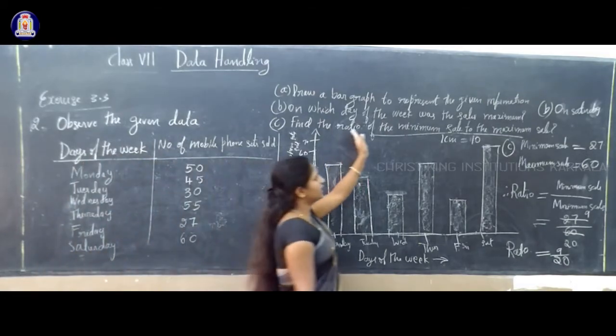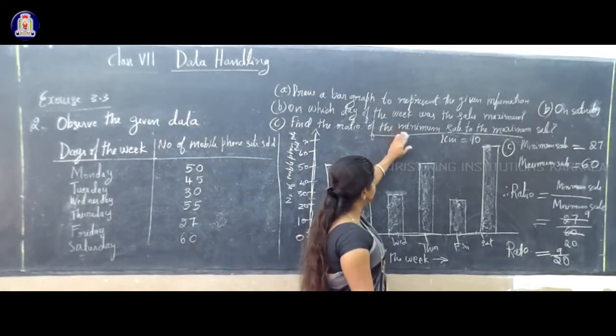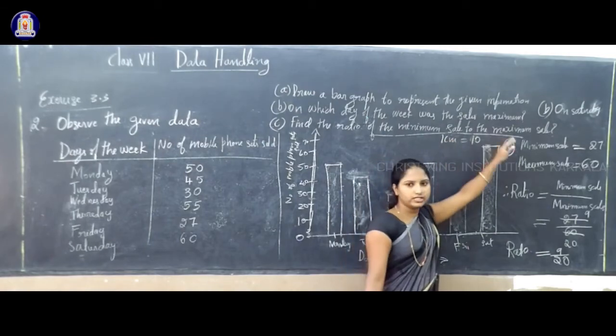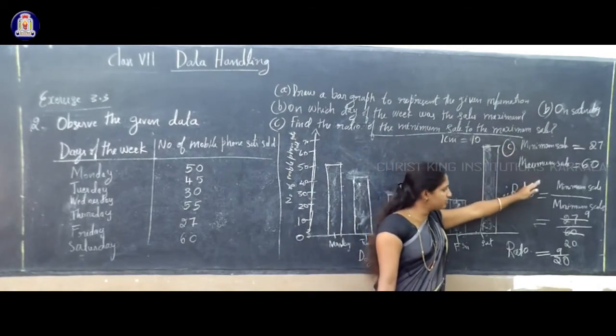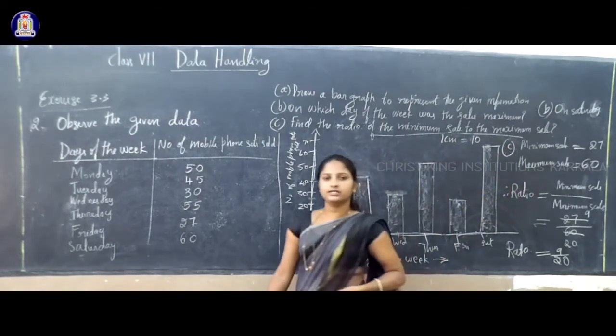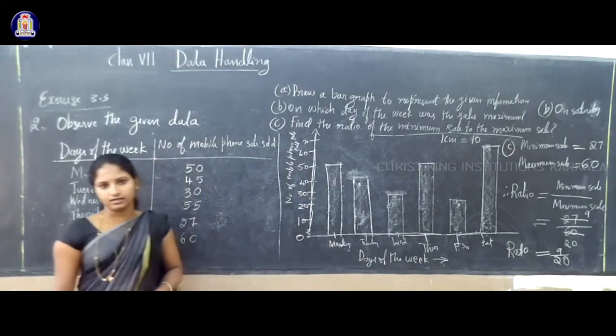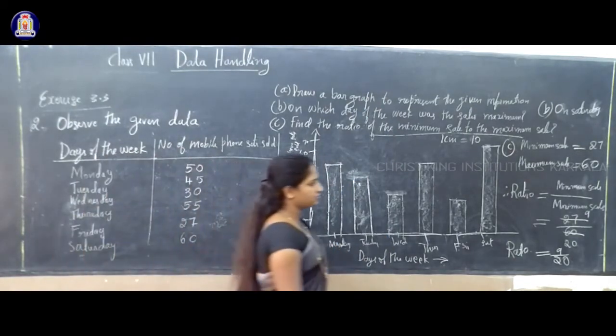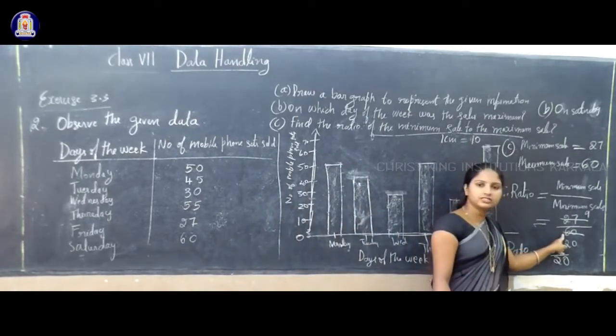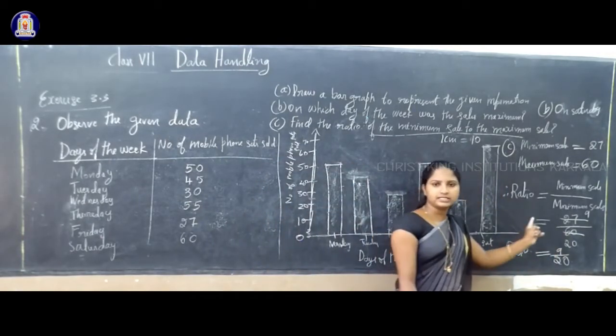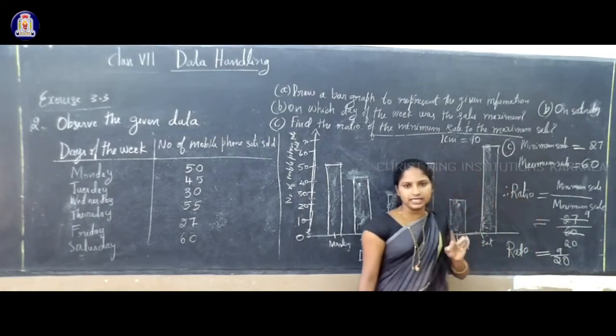In the question they first mentioned minimum sale, next maximum sale. So minimum sale you must write in the numerator and maximum sale in the denominator. Clear? Understood? So what is the minimum sale? 27. Maximum sale 60. So 27 and 60 are divisible by 3.